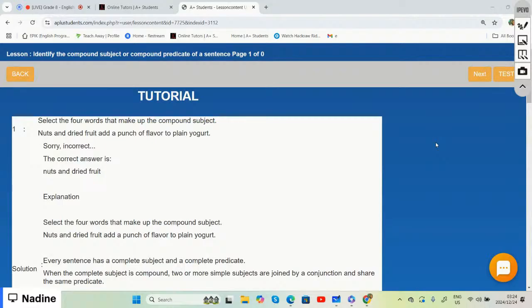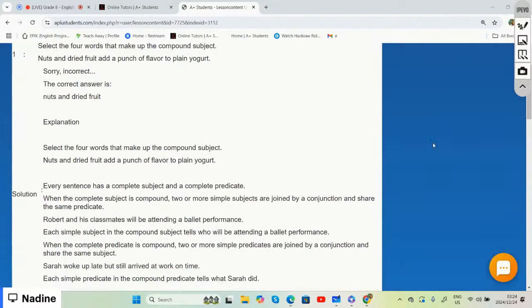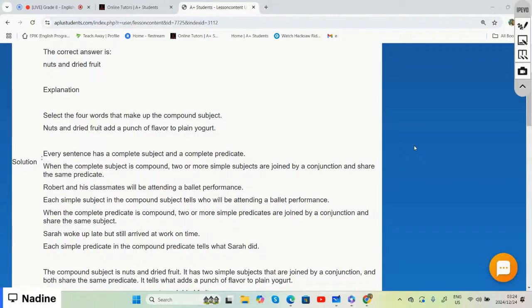And then the compound predicate also has two or more simple predicates joined by a conjunction, and they share the same subject.